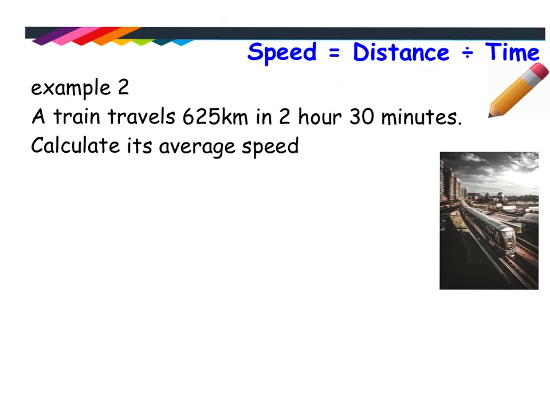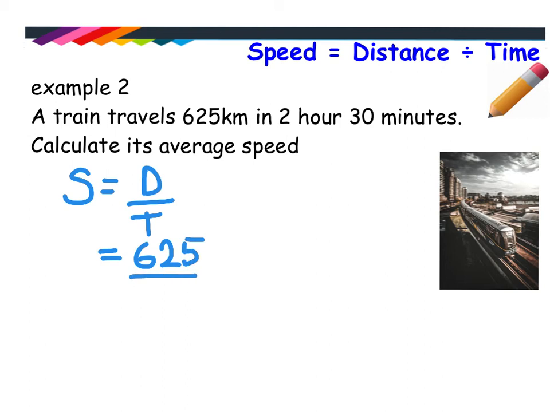Okay, so for this one, our train has a distance of 625 kilometres and it takes 2 hours 30 minutes. Calculate its speed. So I'm just going to write my formula a different way for this one. I'm going to write it as distance over time, which is still distance divided by time. Our distance is 625 and our time of 2 hours 30, remember that's 2.5, which we will write as 2.5.